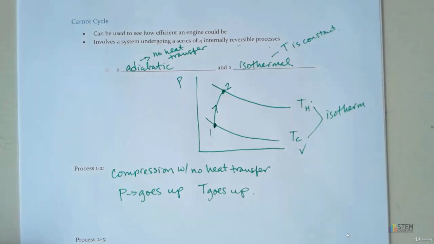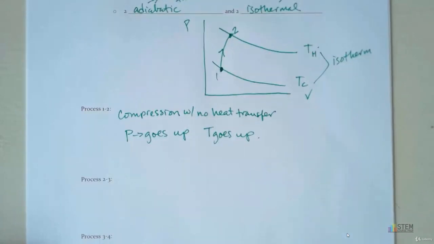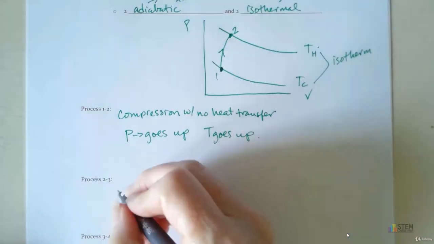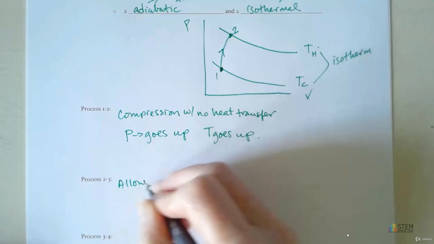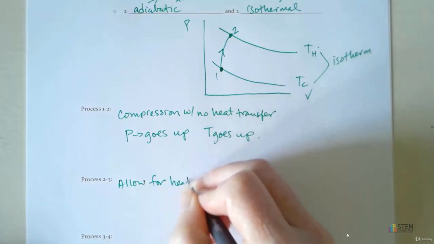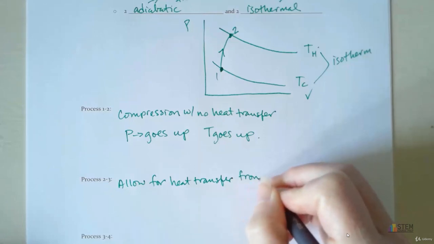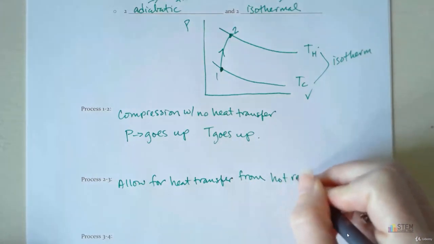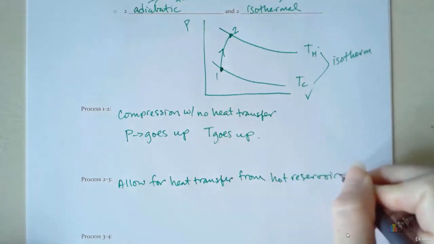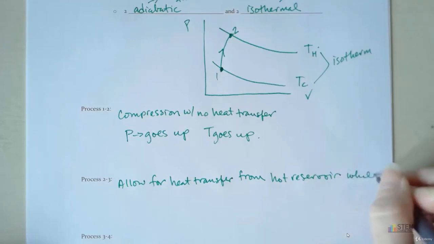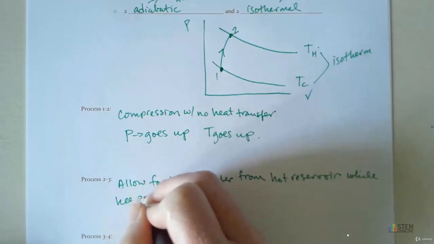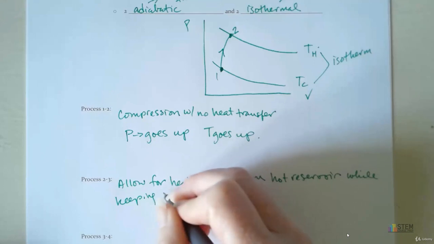Now after we get to state 2, we want to get to state 3. The process we need for that is that we will allow for heat transfer from the hot reservoir while keeping the temperature constant.